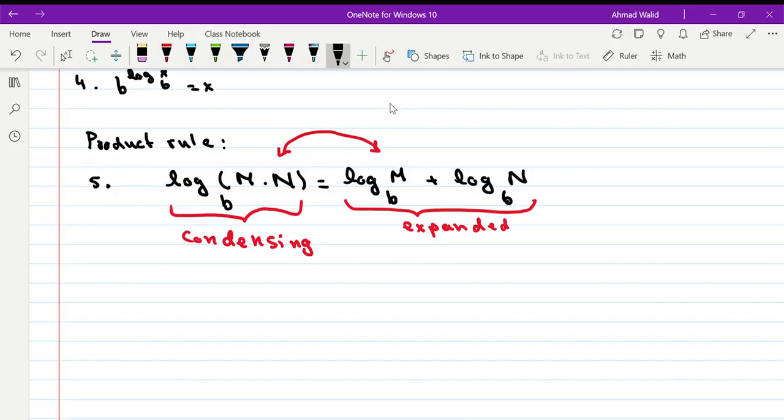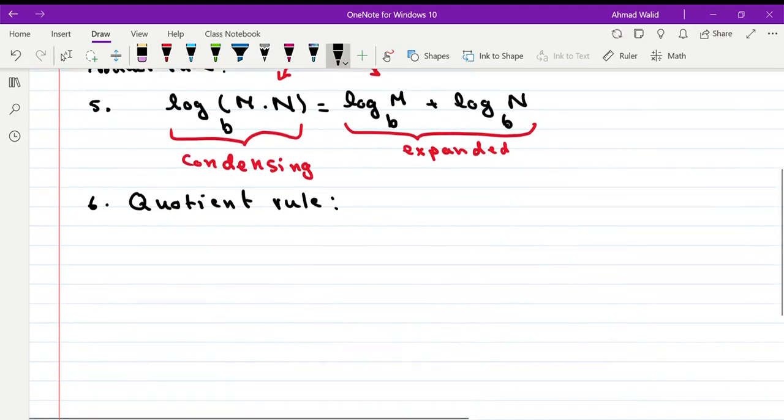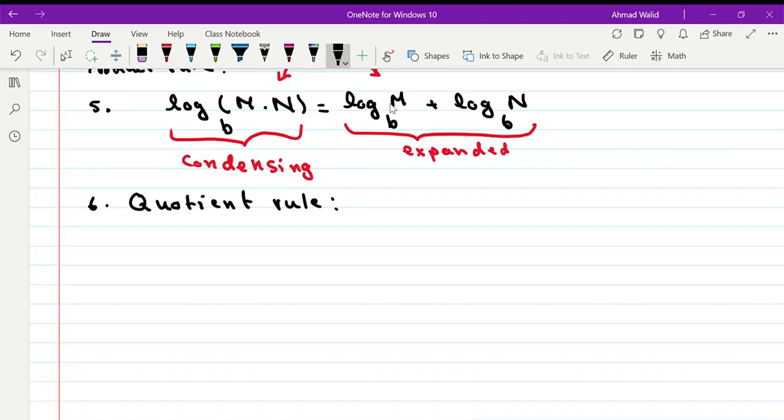Rule number 6 is your quotient rule, correct? It's basically the same as product, but the sign will be negative. If you have log of m over n base b, you can rewrite it in expanded form as log of m base b minus log of n base b.